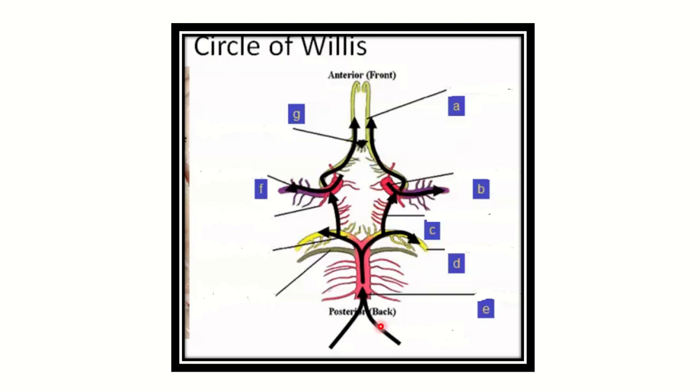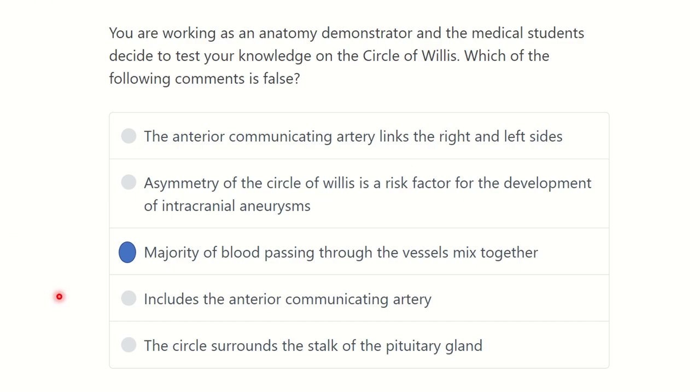So the vertebrobasilar system and the carotid system supply different parts of the brain, and usually they do not mix. But when required, such as when pressure on one side decreases, some of the blood comes to the other side. So our answer: majority of the blood passing through the vessels mixed together is not true, because it usually does not mix, it is separate.